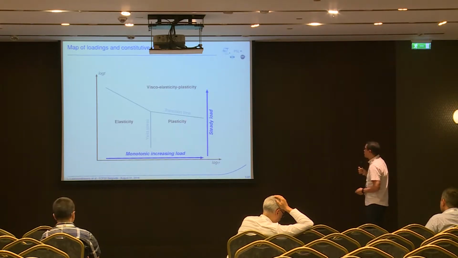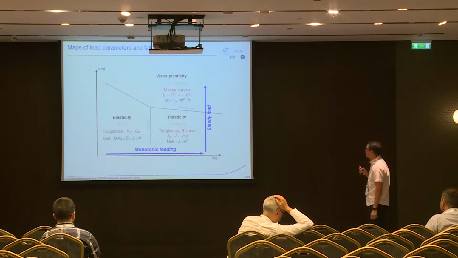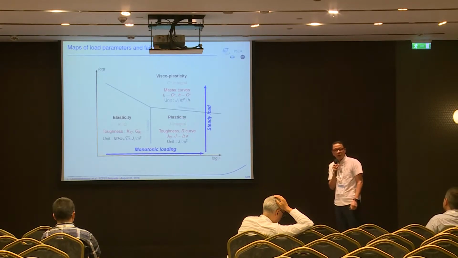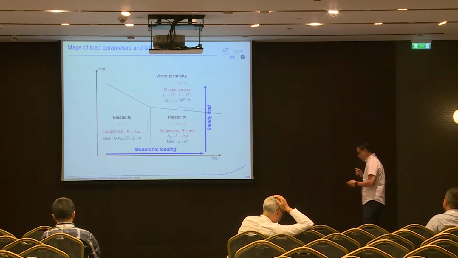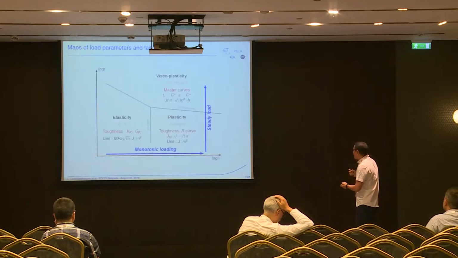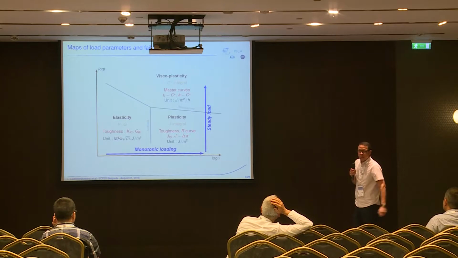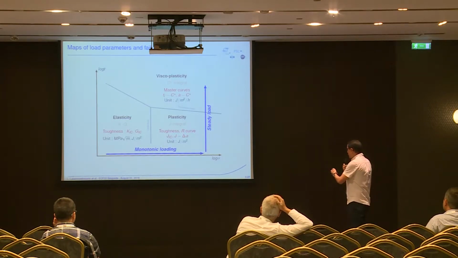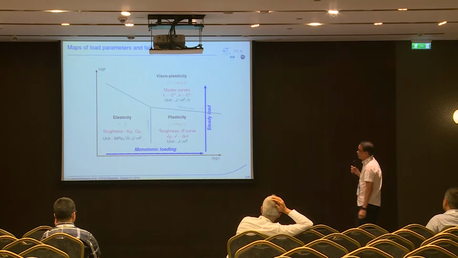The same map has been drawn for load parameters in fracture mechanics, and as you can see, we have to reach this. All of these load parameters, such as the toughness K1, J1, and the J integral, have been discussed in this conference, but I have not seen a presentation about the C star integral.